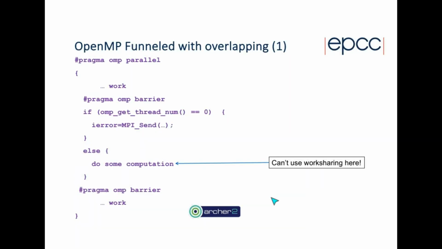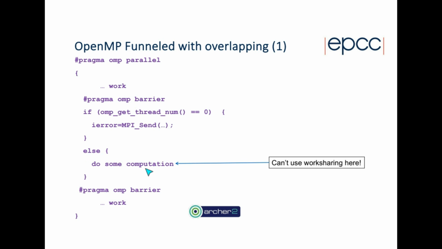So if you want to try and do overlapping, there are a couple of options. For example, you might have a pattern that looks something like this. Inside a parallel region, all the threads do some computation, they synchronize with each other, and then if the thread number is 0, it does the MPI calls. Otherwise, it goes and does some computation.